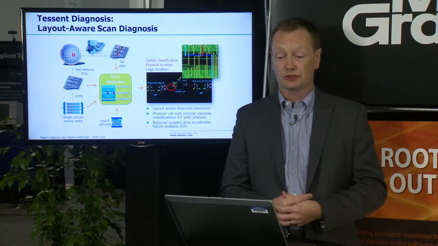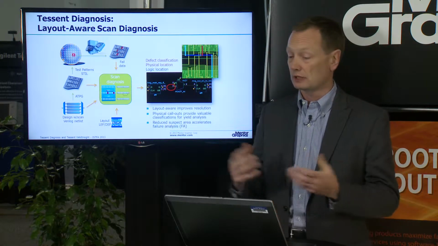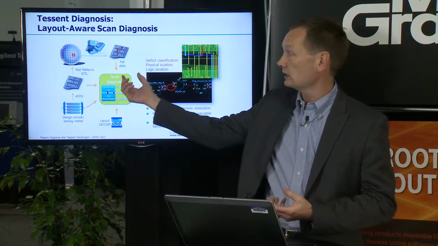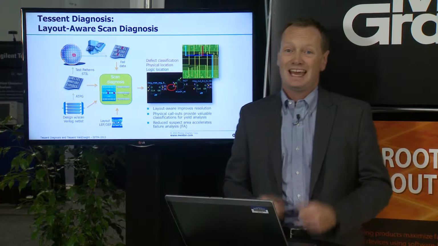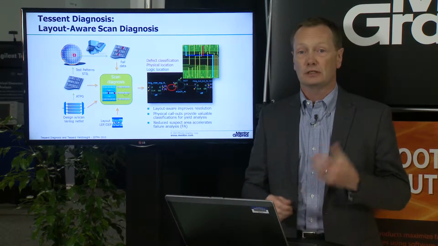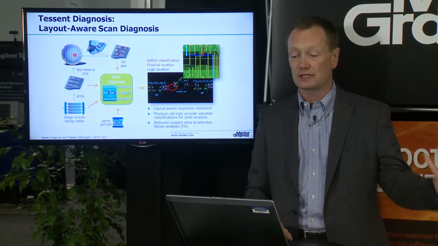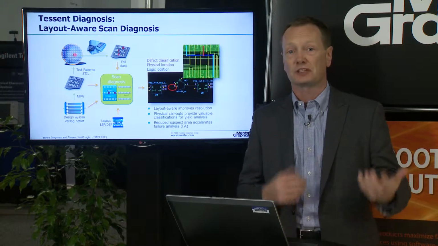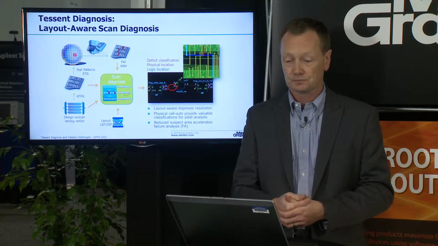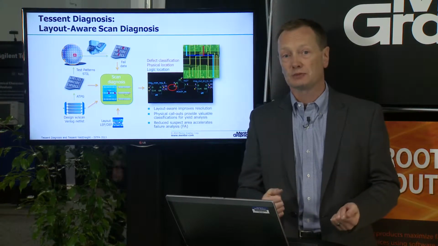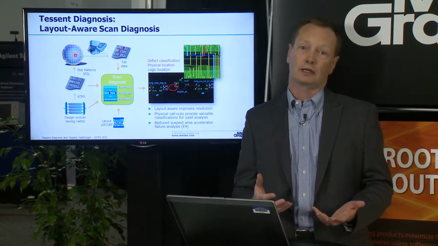Again, diagnosis consists of a process where we take the fail data, the production test patterns, and the design information, and from that we get the defect locations and also the defect classifications, so information about what type of defect caused the failure. What Mentor Graphics is famous for is layout-aware diagnosis.